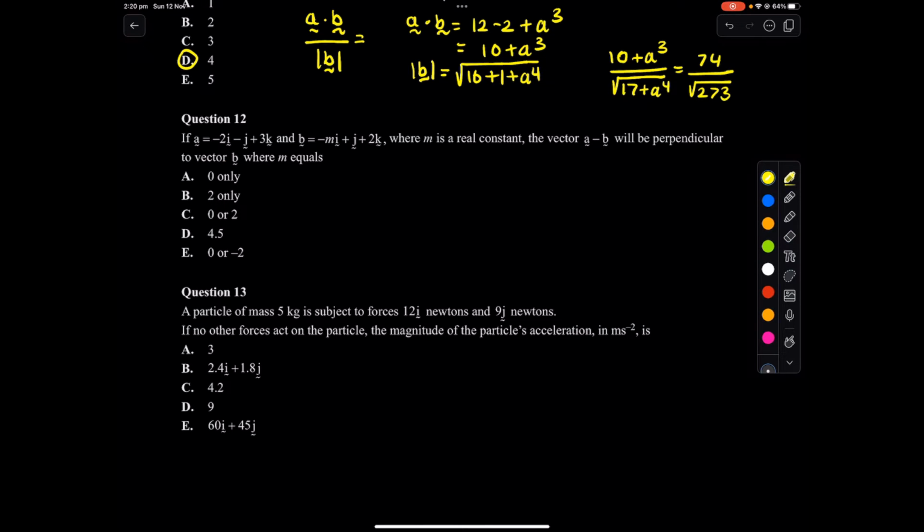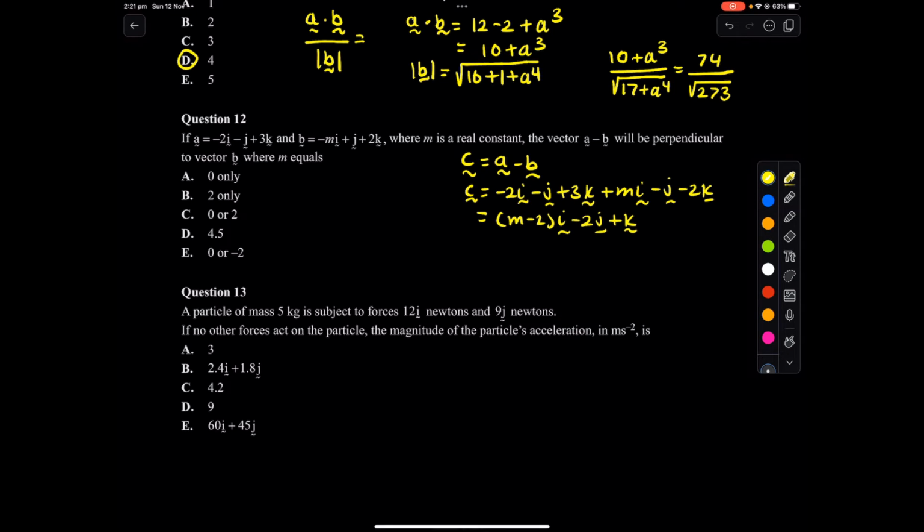So let's just call this expression over here C. Let's put them all together. So C is just A minus B. So we're saying that C is -2i minus j plus 3k, minus b, which is plus mi minus j minus 2k, and that is equal to, we can just write, (m minus 2)i minus 2j plus k.